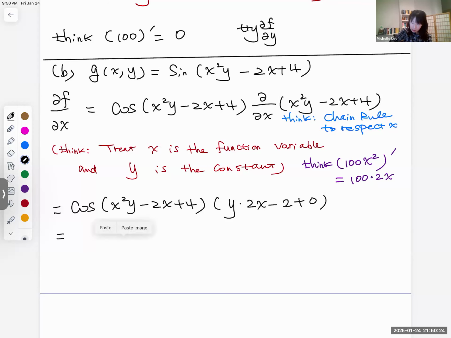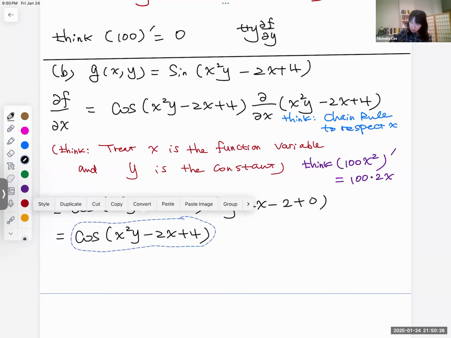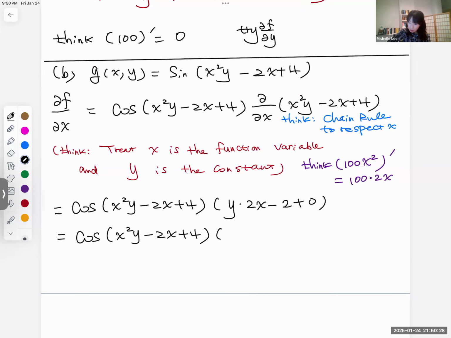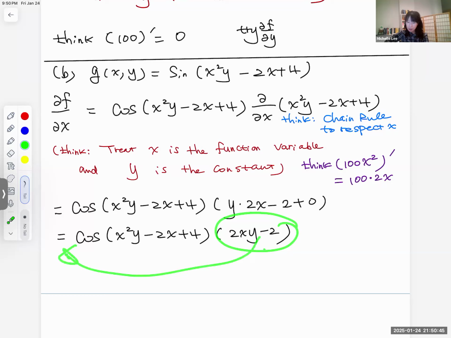Okay, then we have 2xy minus 2. Normally we write this one out in front, right? Because I don't want to multiply.